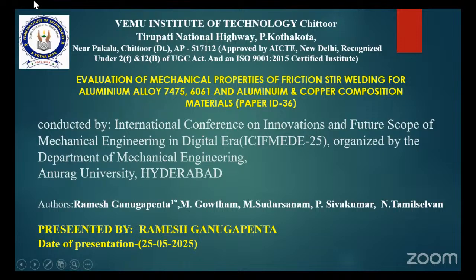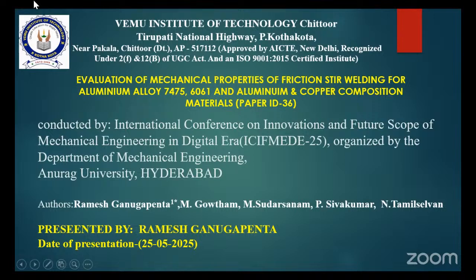Finally, the research gap. After studying the literature review, the following gap is identified: most of the authors have calculated and tested the mechanical behavior and properties. In my present research work, friction stir welding is done on aluminum 6061, aluminum 7075, and a composition of aluminum and copper materials.